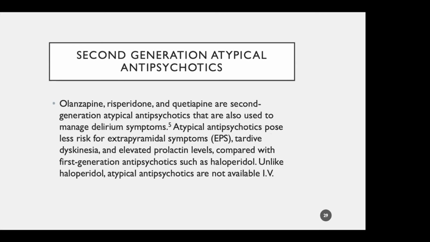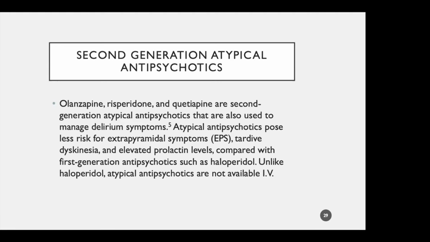Next slide. We also use second-generation atypical antipsychotics. They pose less risk for those extrapyramidal symptoms, sometimes called EPS, and tardive dyskinesia, also called TD. But they have elevated prolactin levels compared with first-generation antipsychotics such as Haldol.